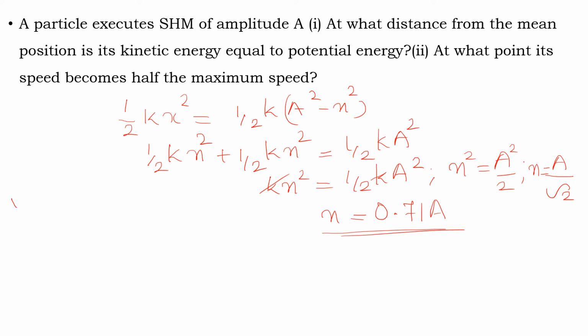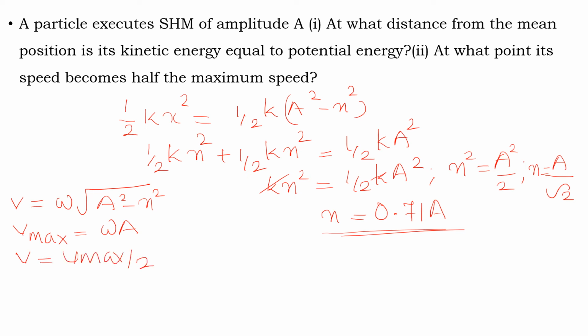Its speed can be represented as omega into root of A square minus x square, and the maximum speed is omega A. When this speed becomes equal to the maximum speed divided by 2, that is v equals v max by 2, then omega square into A square minus x square is equal to omega square A square by 4.